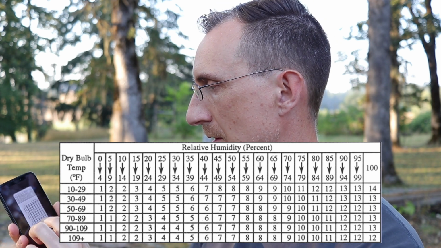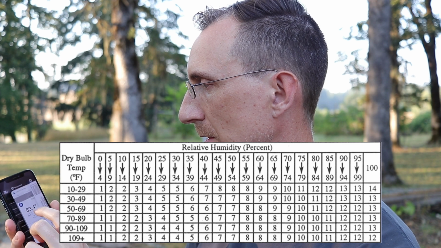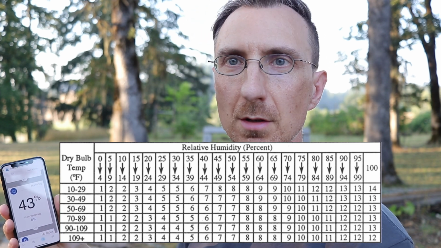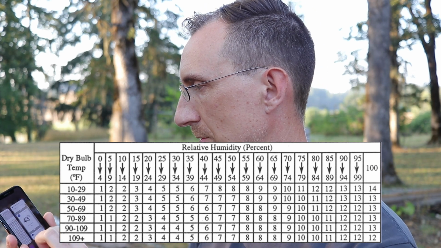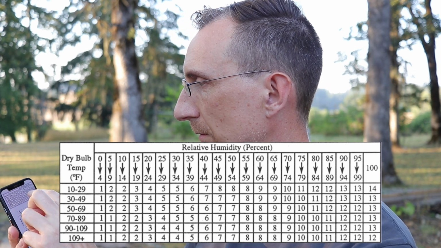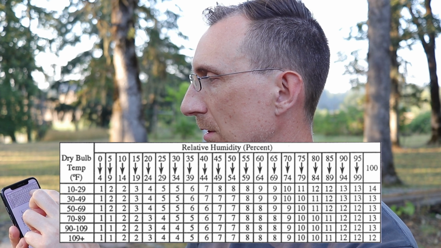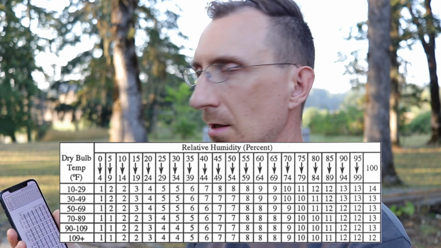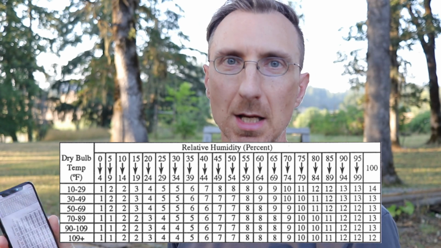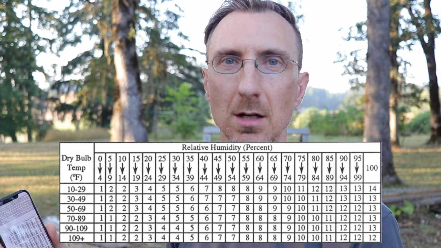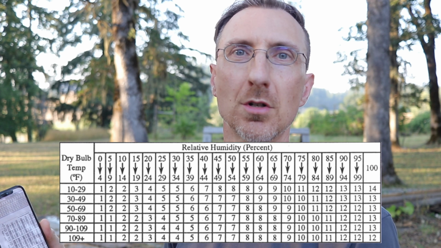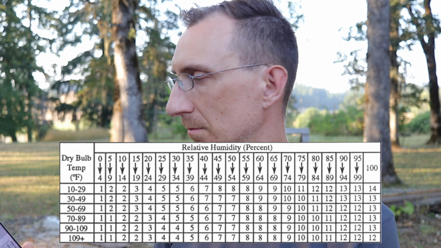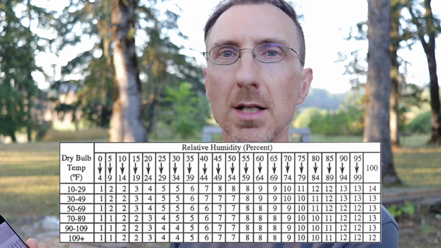That was, I believe, let's go look at it again, 43% right now. So switch back over, go to 40 to 44, go down there, and we get a rating of 6. So 6% should be the moisture content of the grass, leaves, fuel that's on the ground that might ignite.